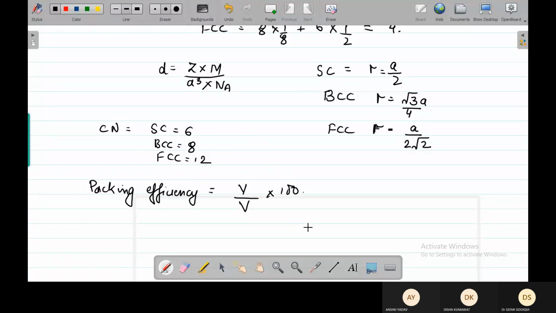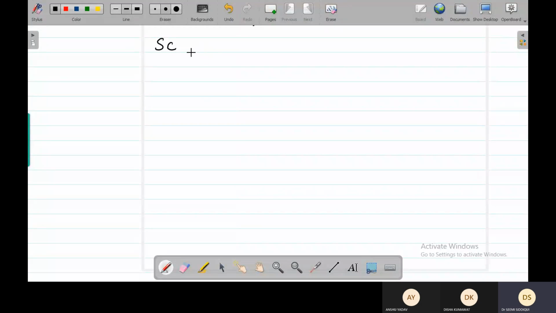The packing efficiency in simple cubic, on calculation, comes out to be 52.4%. For CCP and HCP, cubic close packing and hexagonal close packing, it comes out to be 74%. In the case of body centered packing, it comes out to be 68%.